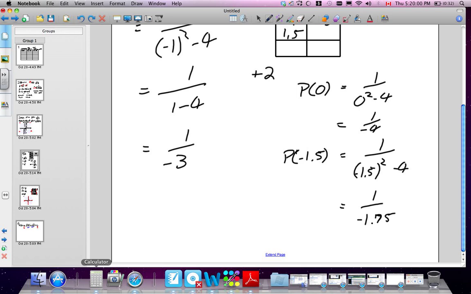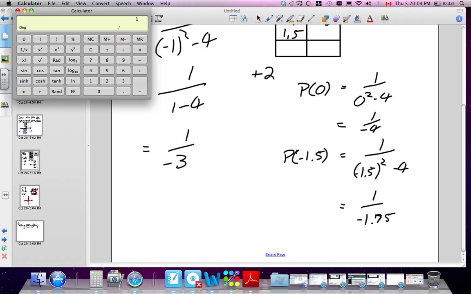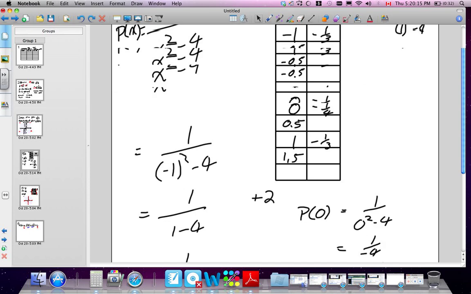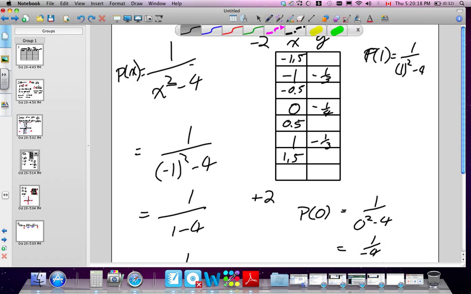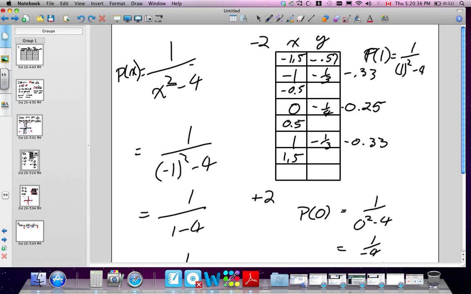We're getting decimals here. Let's figure out what that number is exactly going to be. 1 divided by -1.75 is about -0.57. So let's look at our numbers. This one was -0.25, this was -0.33, and this one is -0.57, and the other one is also -0.57.